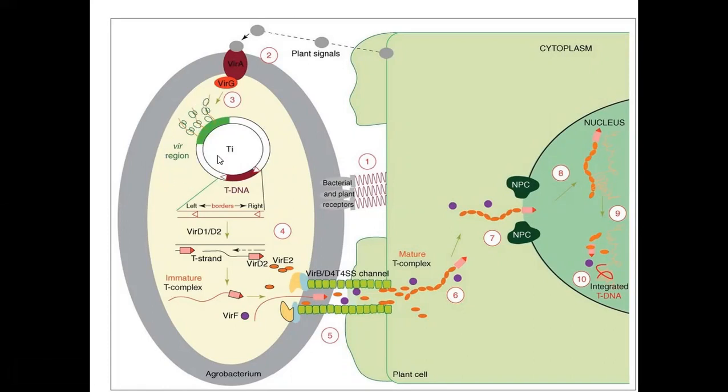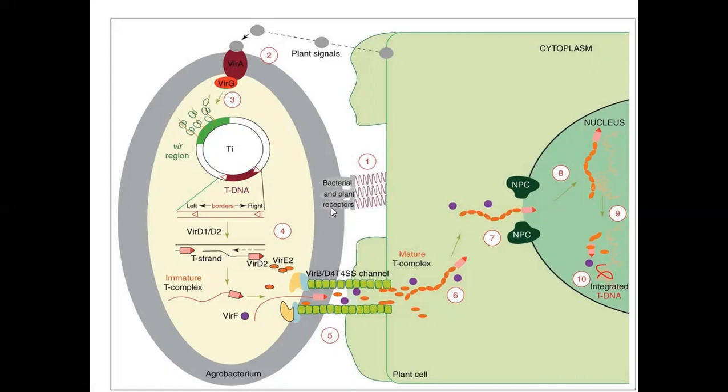If the Agrobacterium receives the target DNA plasmid, the Agrobacterium passes signals to the target plant cell. It is the first step.